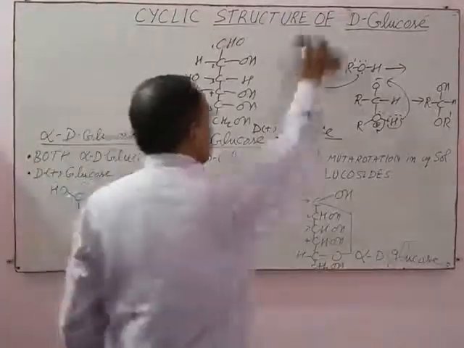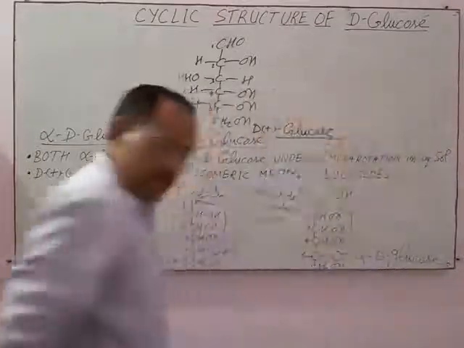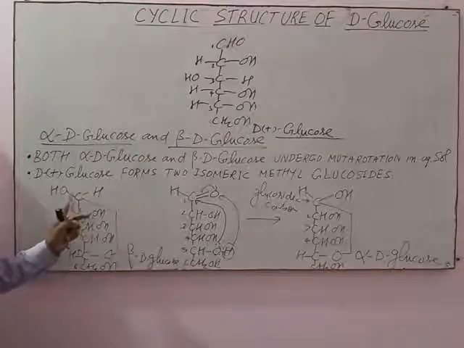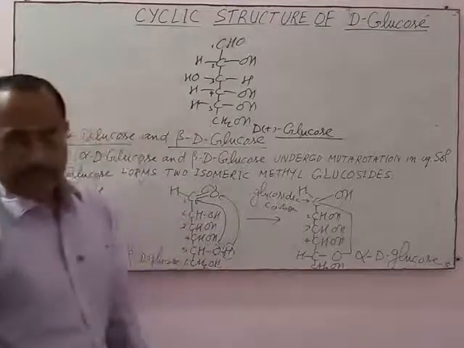Now what are epimers? Epimers are already clear. Anomers are those isomers in which the configuration of H and OH differs only at the anomeric carbon or glycosidic carbon.